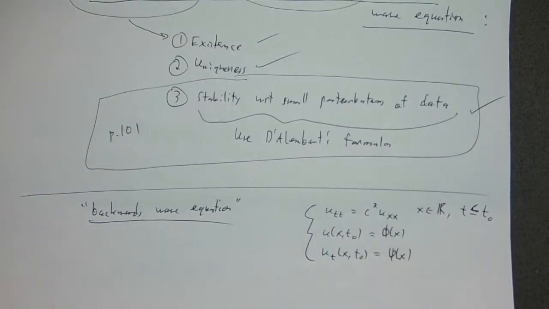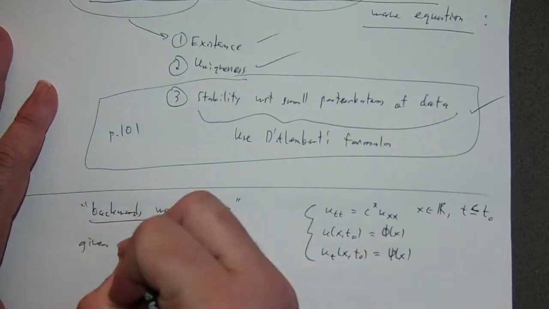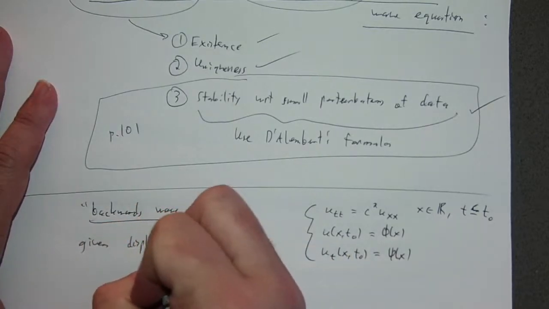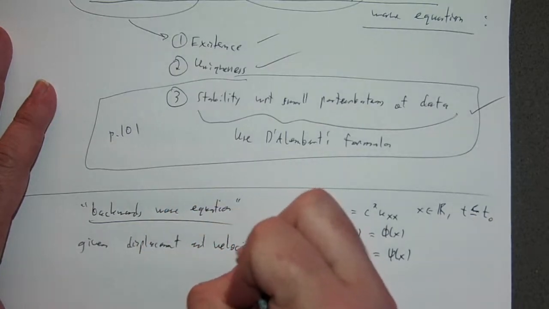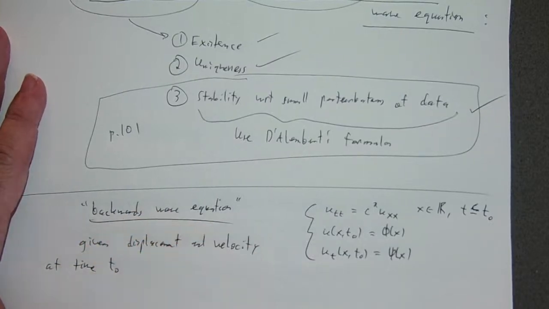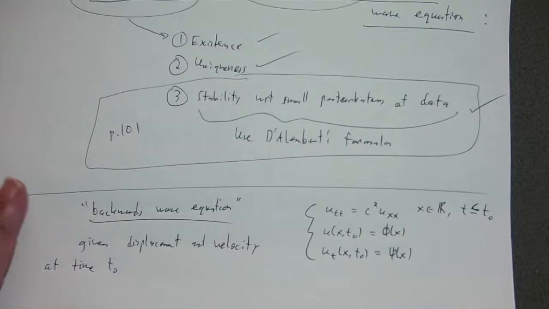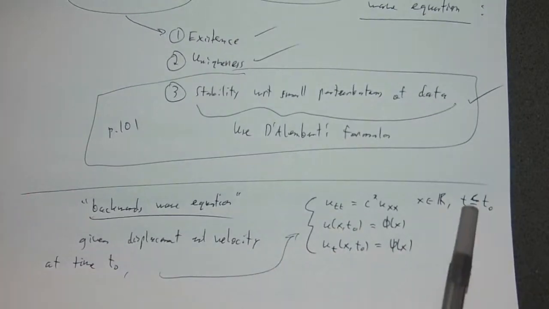Right, here's a backwards problem in the sense that I'm given displacement and velocity at time t naught, and then I'm asked to solve this equation for t before t naught, right?